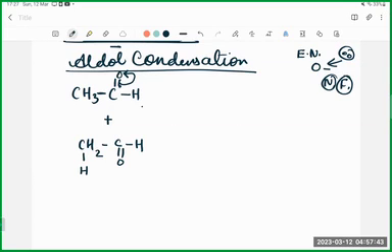Clear? Yes, ma'am. This much you understood, no? So when this shifted, what does it carry, Hridaya? Negative. And I said that this goes out. Okay, clear, Hridaya? When this shifted, carbon takes the positive charge and oxygen takes the negative charge.